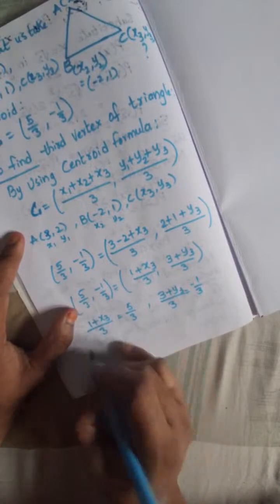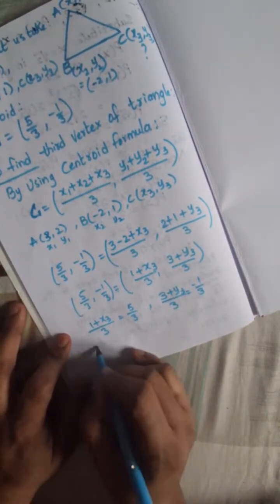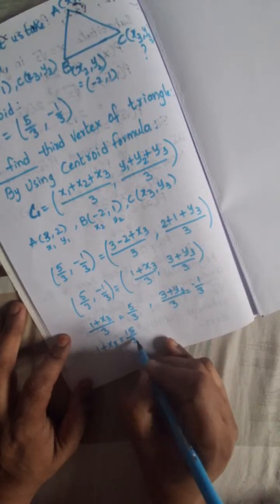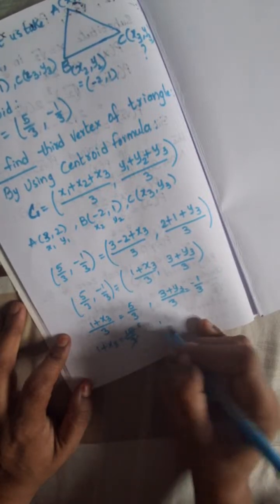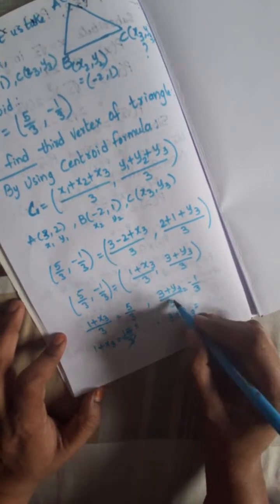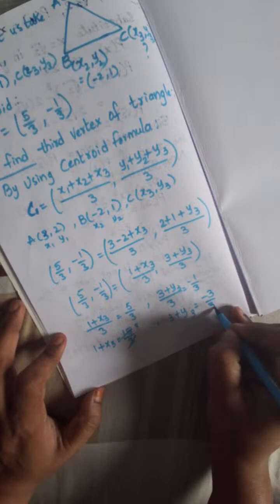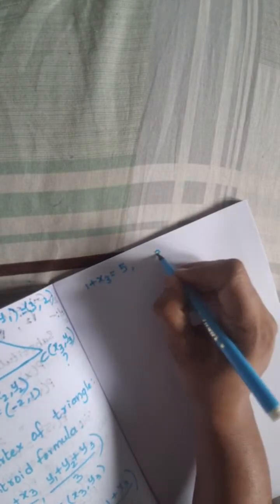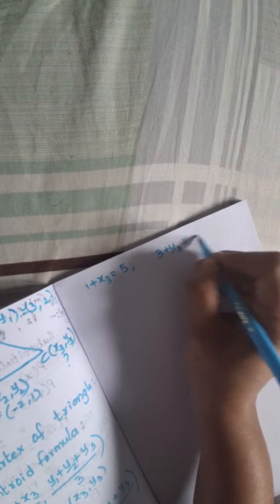Now cross multiplication: 1 plus x3 equals 5, since 3 ones are 3 and 3 fives are 15 over 3. And 3 plus y3 equals minus 1.